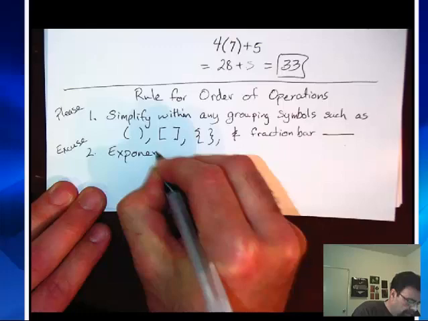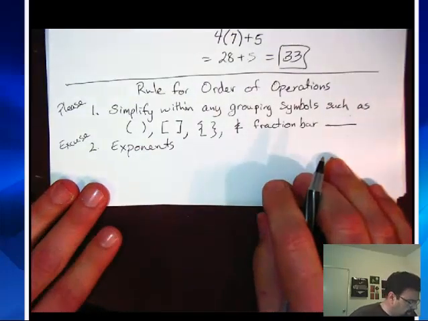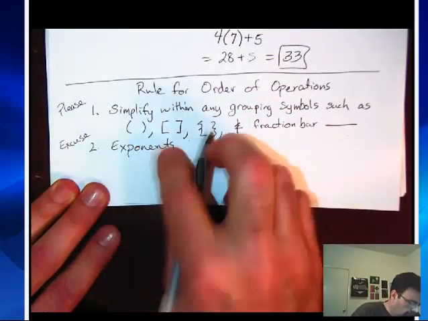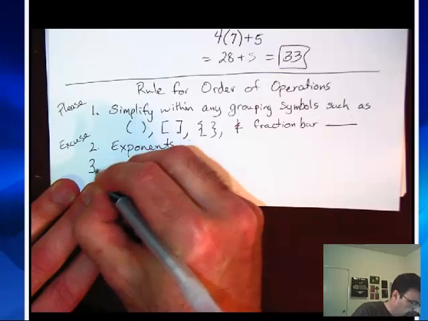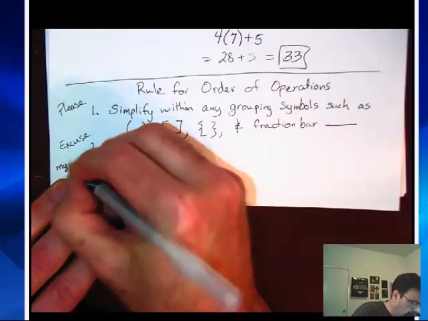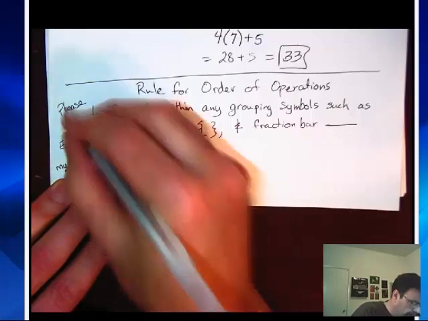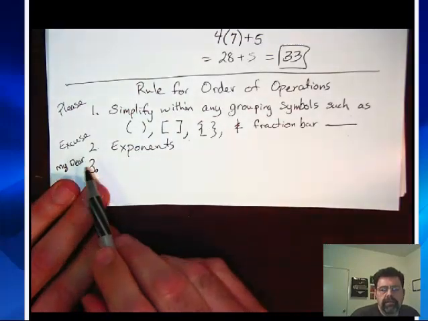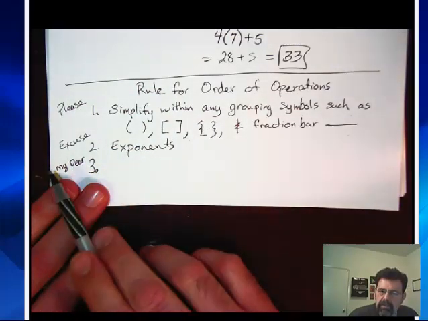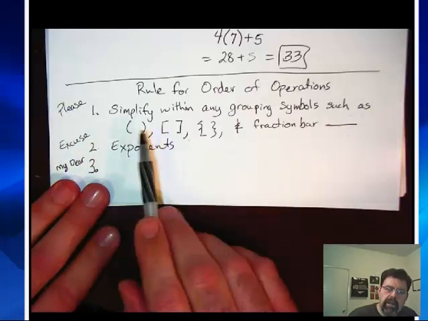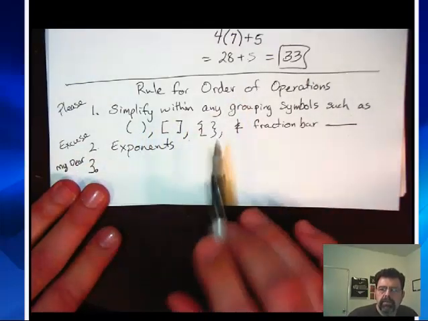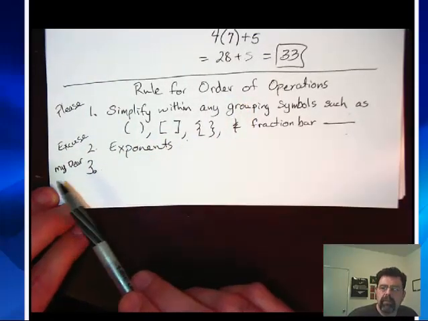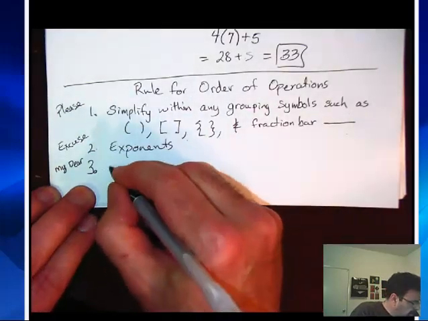Excuse. That's my exponents. So you're going to simplify all your exponents. Now here's another problem with that acronym, please excuse my dear Aunt Sally. Multiply and divide are on the same level, not multiply first, then divide, and it's not divide first, then multiply. It depends on the problem. They have the same level of precedence, and the tiebreaker is left to right.